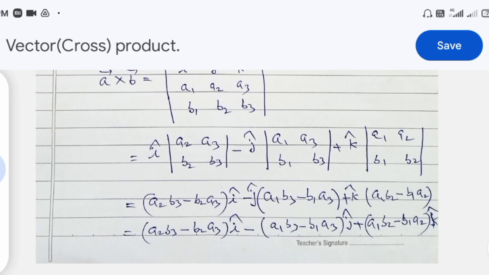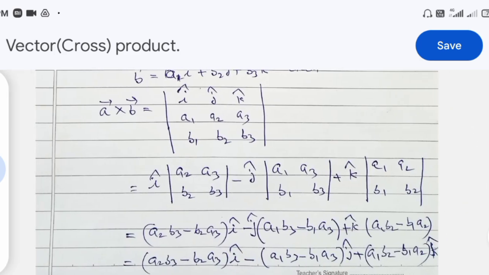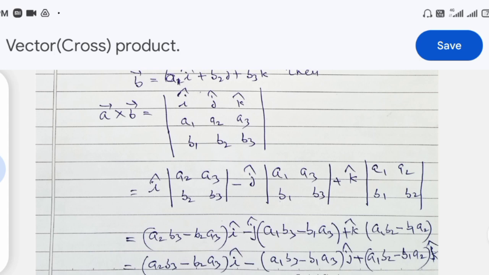So rearranging this, j may be written here. We can write directly this line or this. This is the method how we can find out the determinant, if anybody is not in touch with the determinant. So in this way we can find the determinant of this.